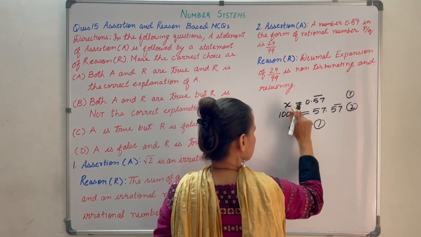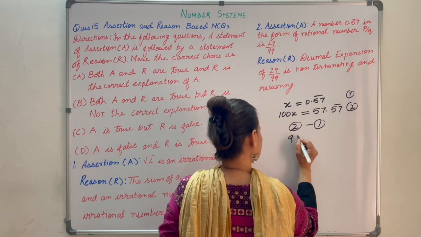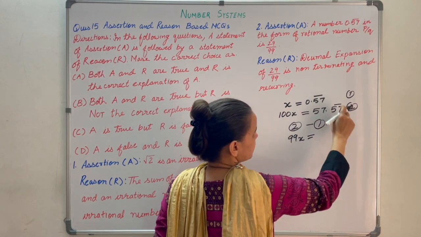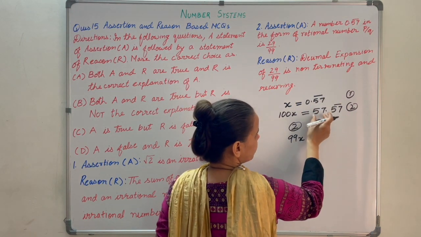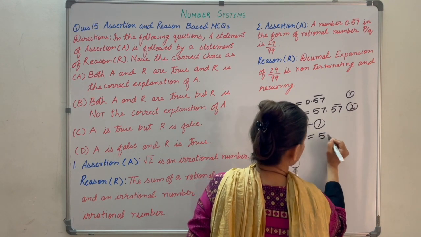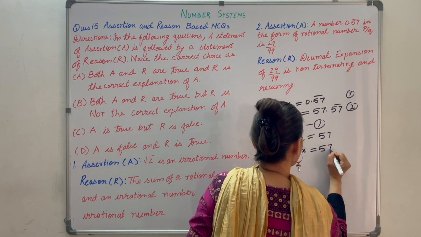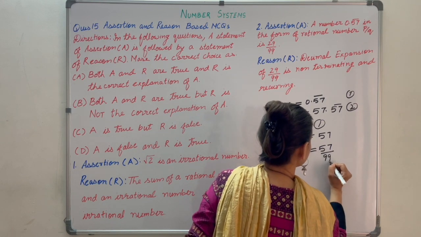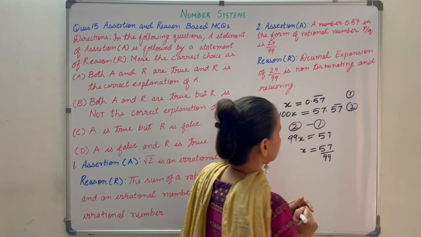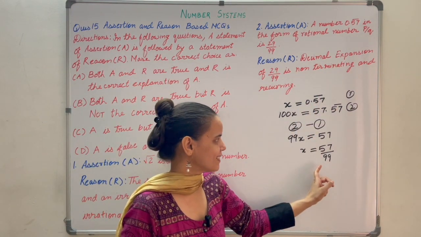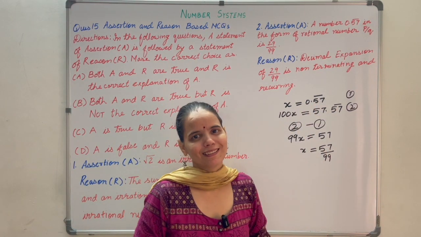So here 100x minus x, you will get 99x. And here the decimal part will be cancelled, so only 57 will be left. So x is equal to 57 upon 99. So the rational number for this decimal expansion 0.57 bar is 57 upon 99.